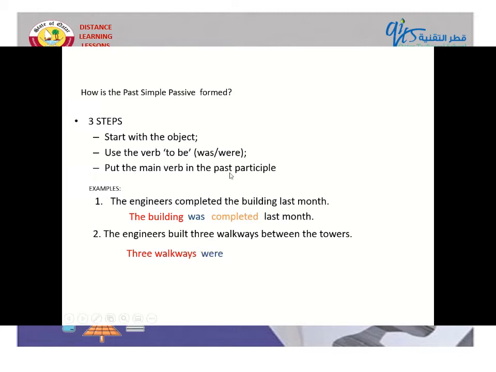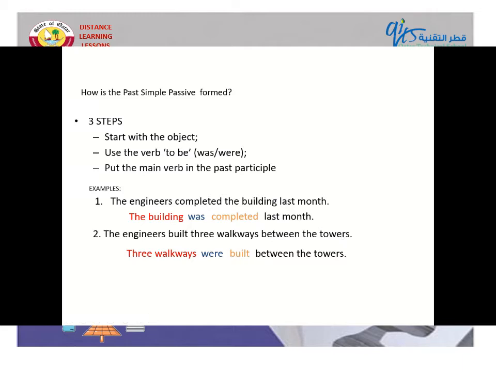So, great. Step 2, done. Step 3, put the main verb in the past participle. Where is our verb? Good. So the past participle of the word build is also built. And step 3, done. Then we need to complete our sentence: between the towers.